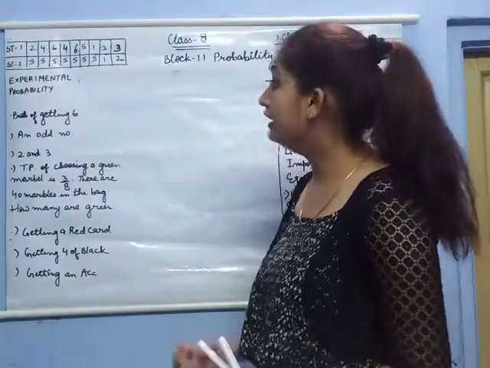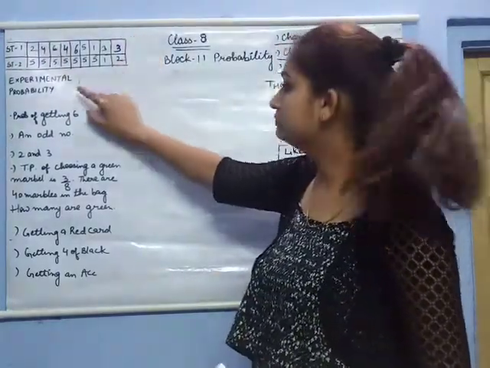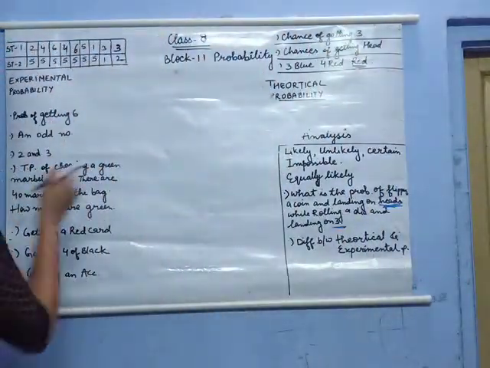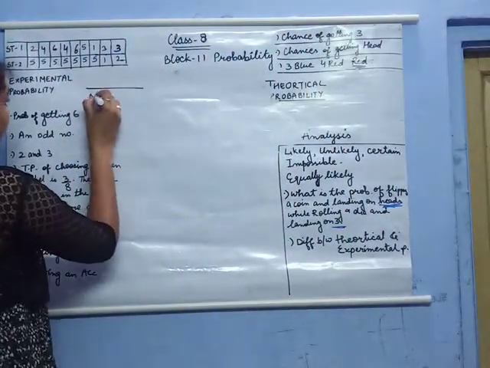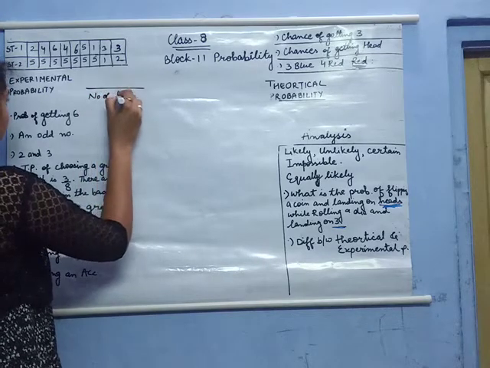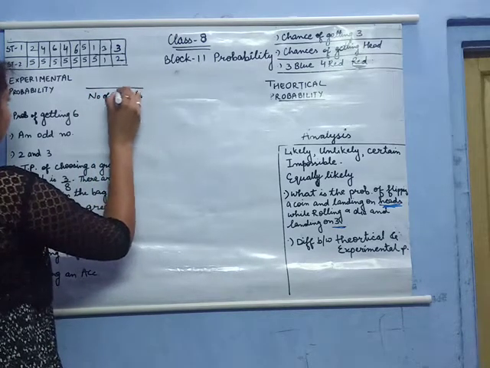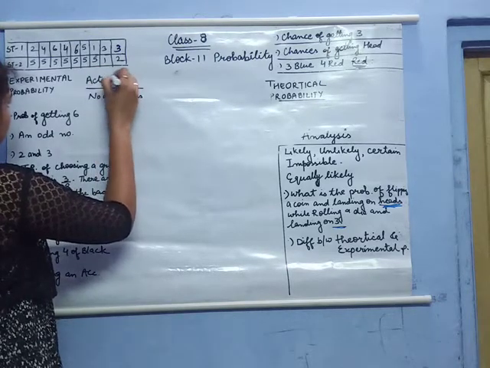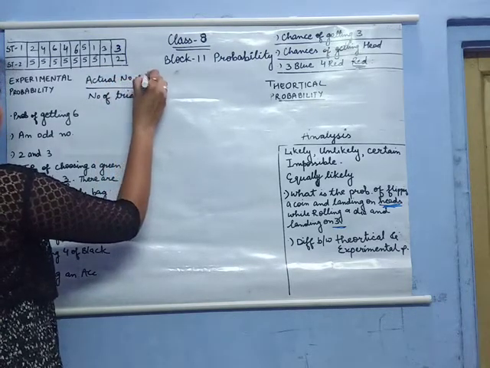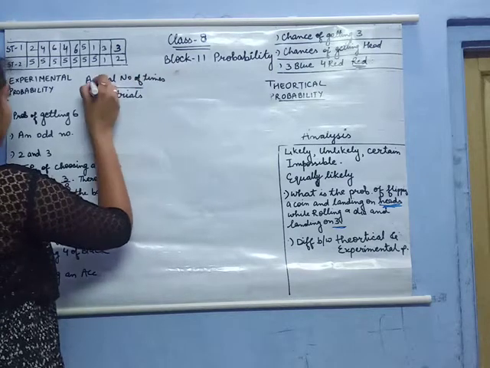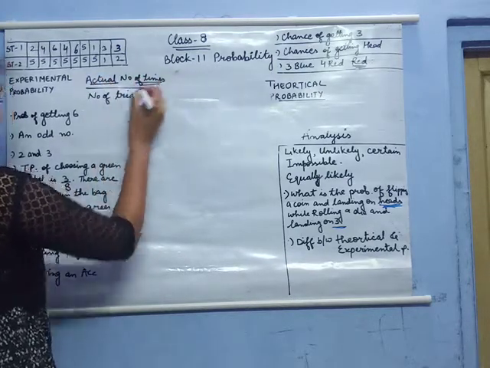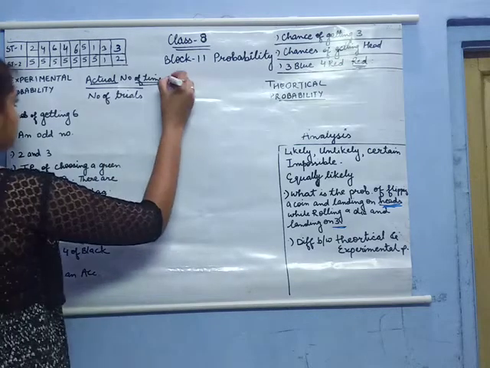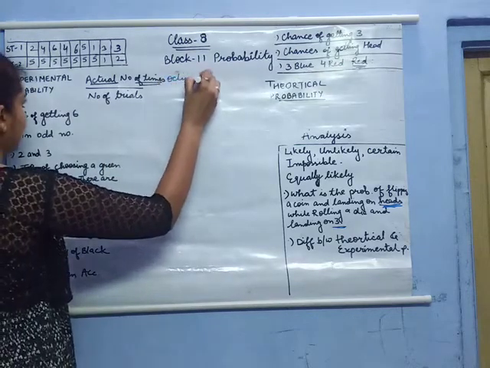Now, if I take out the probability, what is the experimental probability? Number of trials and the actual number of times the event will happen, right? The actual number of times the outcome appears.